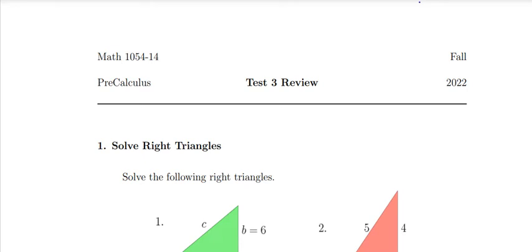According to our schedule, we will have our third exam this Wednesday, so today we will review. This exam 3 is about trigonometry functions, like solving triangles.